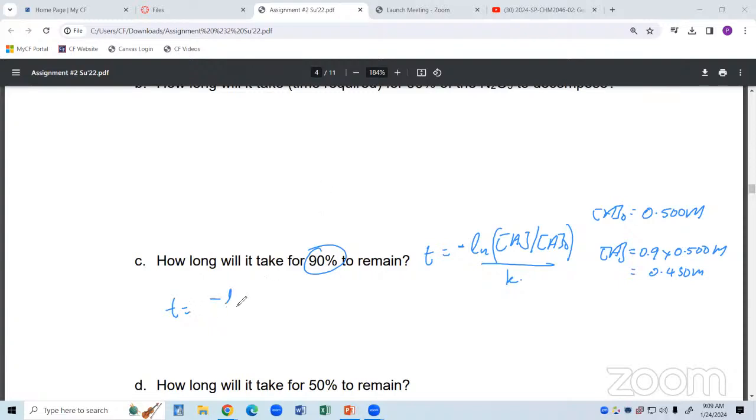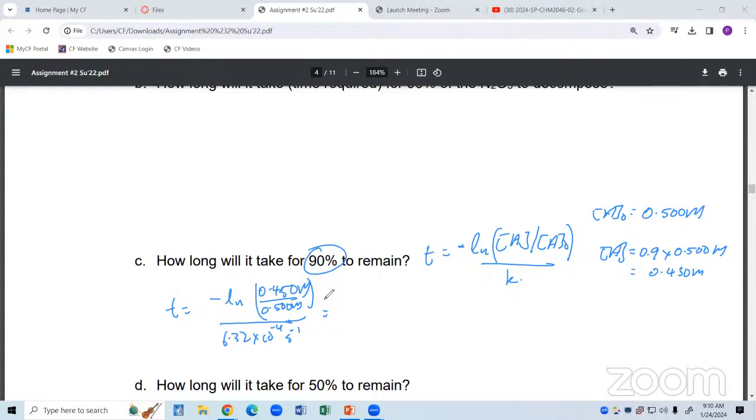Right. So minus ln of 0.450 M divided by 0.500 M, divided by K. What's K again? s to the minus 1, right? Okay.